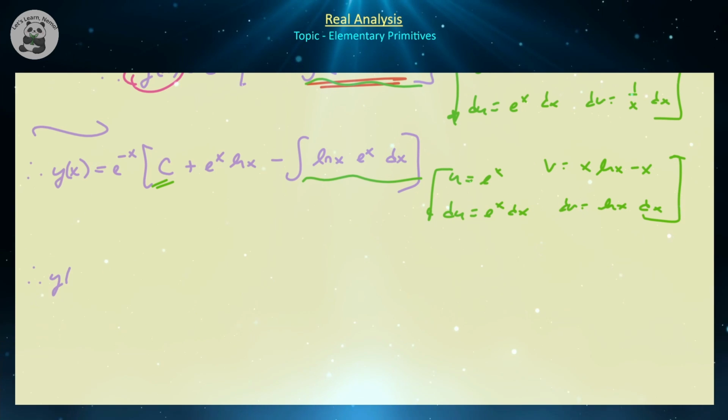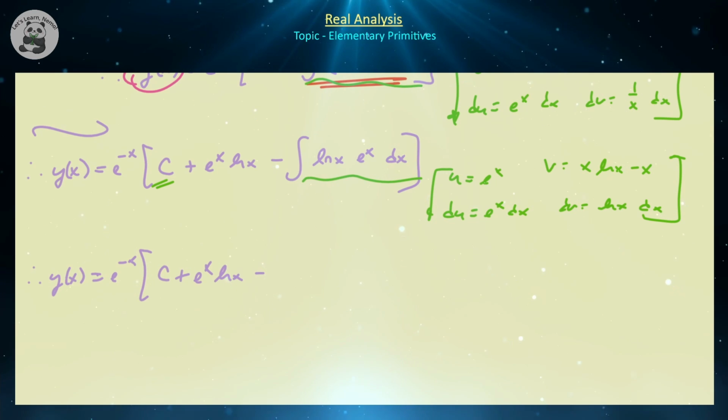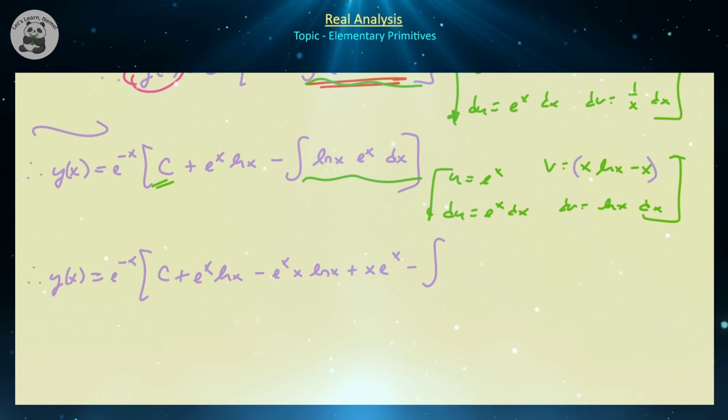So using that, what we're going to have is e to the minus x, and then c plus e to the x natural log of x minus uv. So we're going to have uv, so e to the x natural log of x plus x e to the x, minus the integral of v, x ln x minus x, e to the x dx.